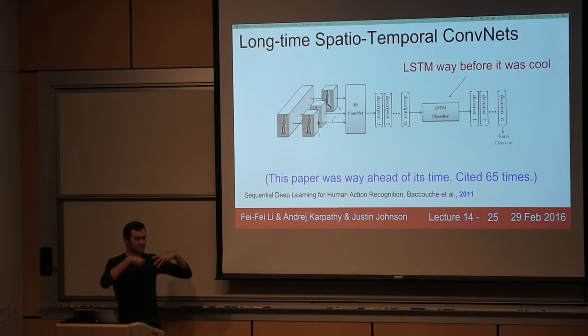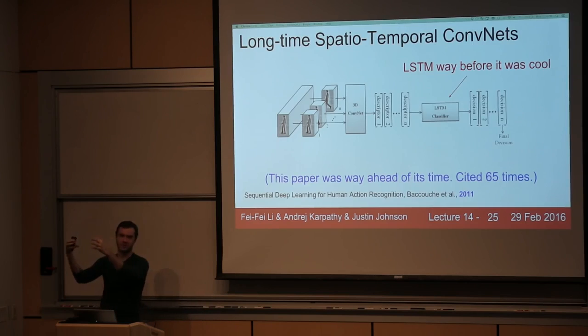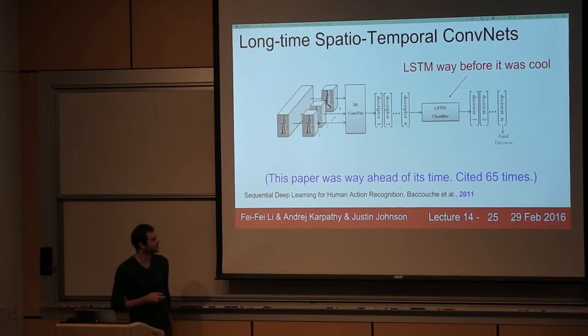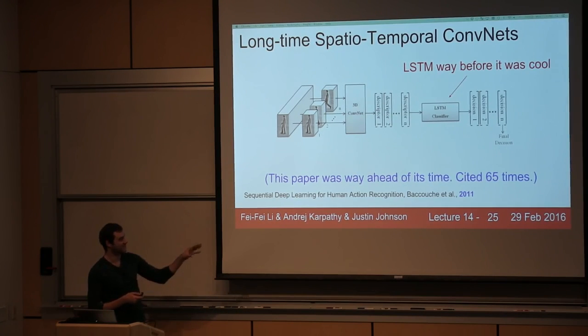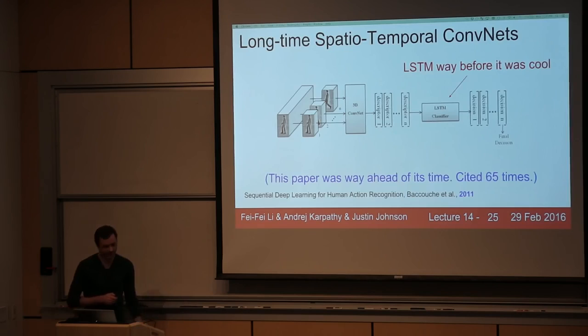They put LSTMs on, say, the fully connected layers. So they string together fully connected layers with this recurrence. And then when you're predicting classes at every single frame, you have infinite context. And so this paper is, I think, quite ahead of its time, and it basically has it all, except it's only cited 65 times. I'm not sure why it's not more popular. I think people, I don't know. But basically, this is a way ahead of its time paper that recognized both of these and used LSTMs way before I even knew about them.